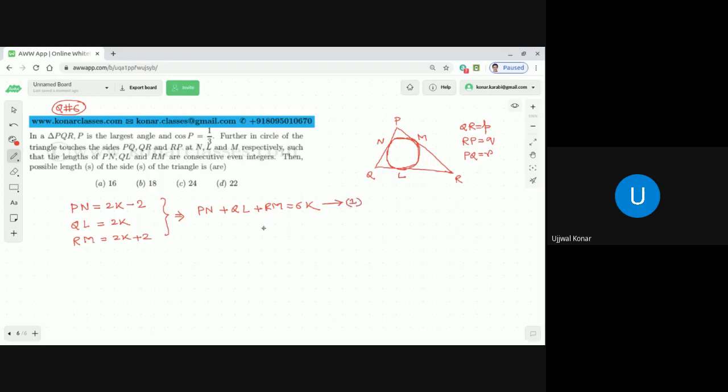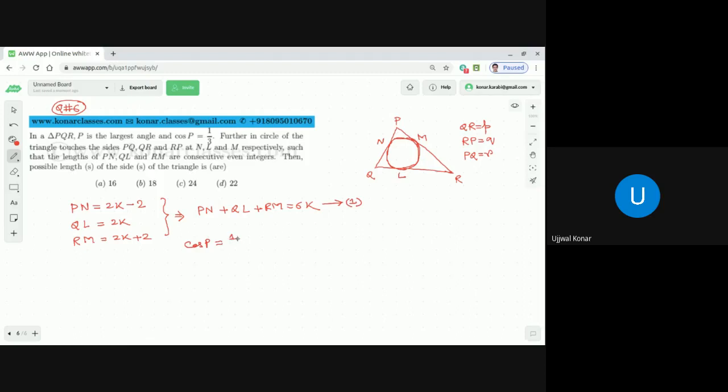So now, if you look into that PQ plus QR plus RP, what we are going to get is that, according to the question, it is given that cos P is equal to 1 by 3.